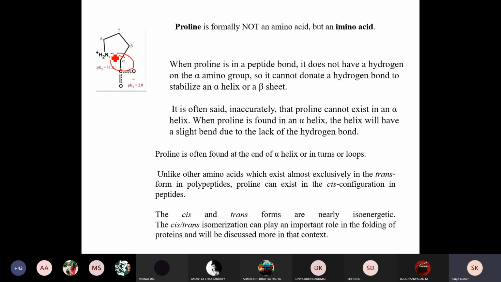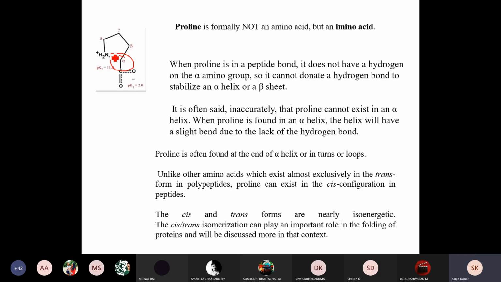I'm not going to discuss these in detail because this course is just for protein engineering. Just remember, in protein folding I will discuss the proline thing a little bit, how it breaks the alpha helix and the beta sheet.